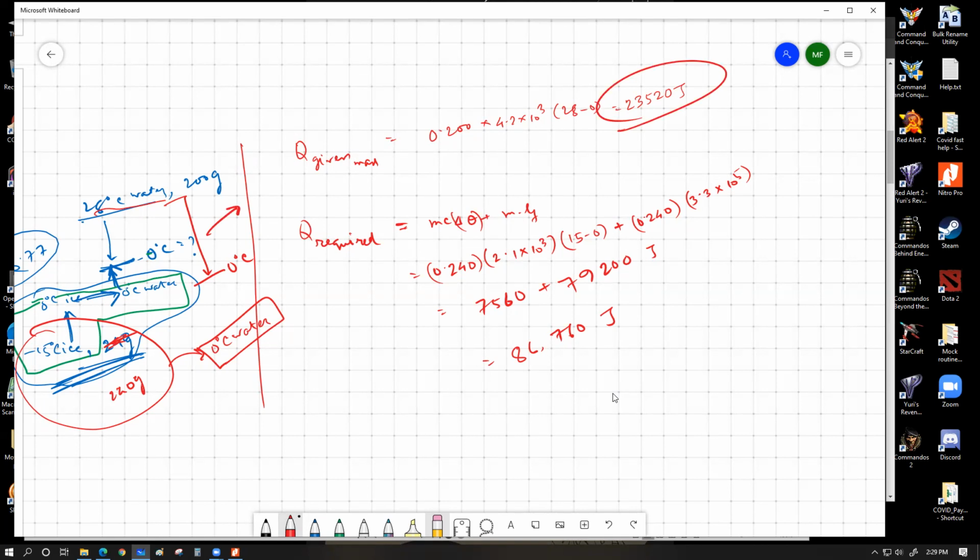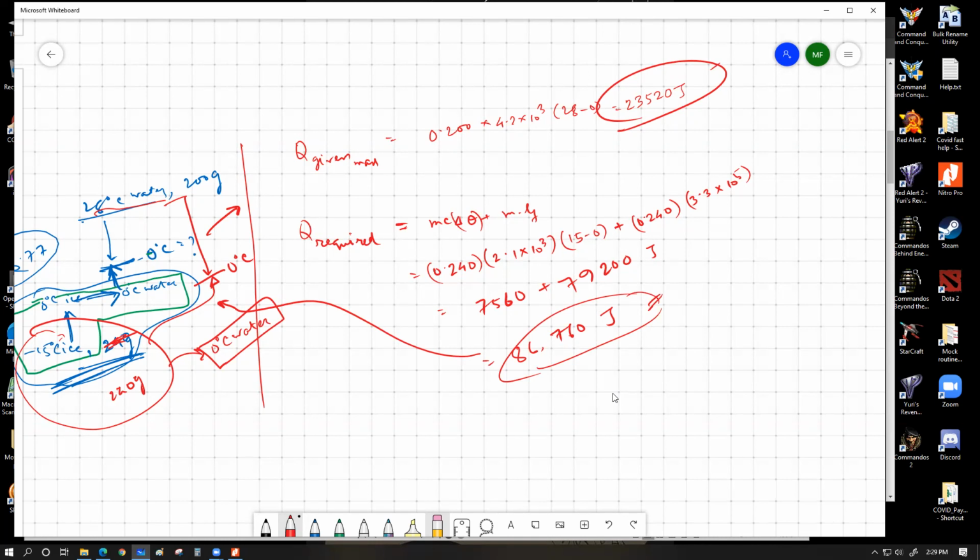And if we want to melt all the -15 degrees Celsius ice into 0 degrees Celsius as well, the required heat amount would be this much. So we have to input this amount of heat. You can see these two numbers are definitely not equal. The heat energy required to melt all the ice is far bigger compared to the amount of heat energy that could be supplied from the warm water.